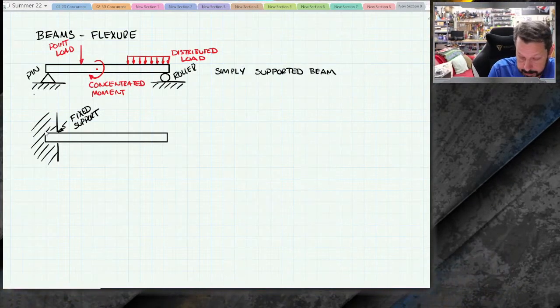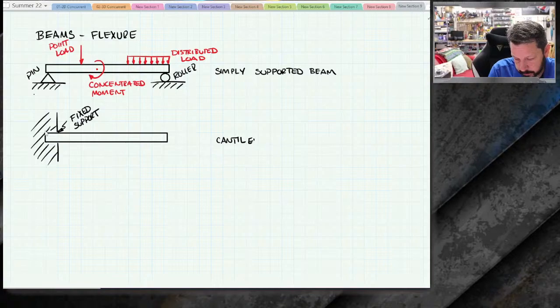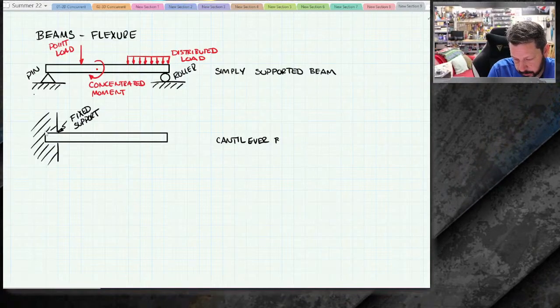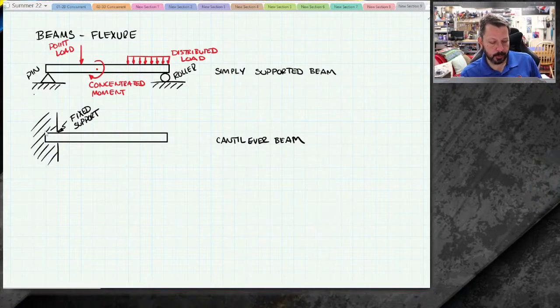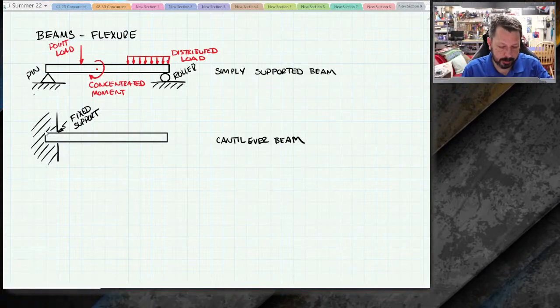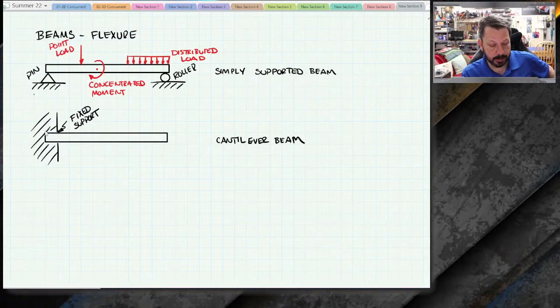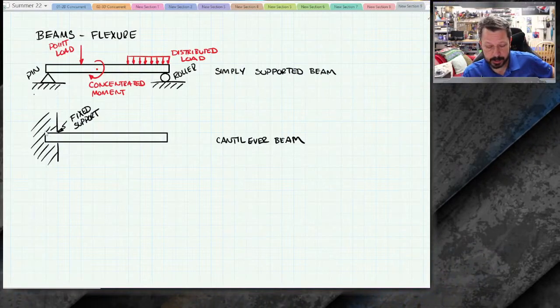This is called a cantilever beam. And the fixed support doesn't have to have it sticking out like a diving board. It could be at some random orientation here or something other than horizontal. Pretty much all the time, though, it's going to be horizontal for this course.